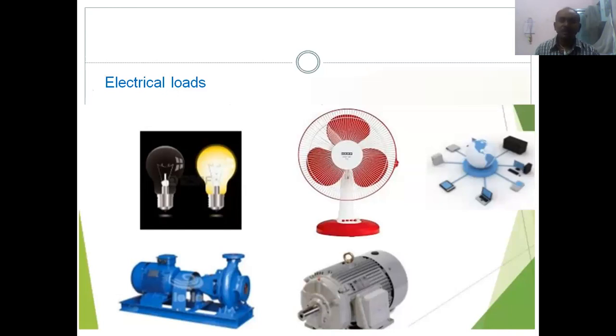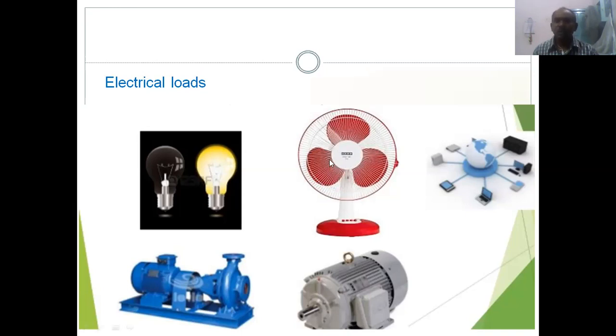Now, you can see here, this one is a resistive load, this is an inductive load, the computer load, and the heavy loads, that is, the motors connected. So these all are working based on electrical input.